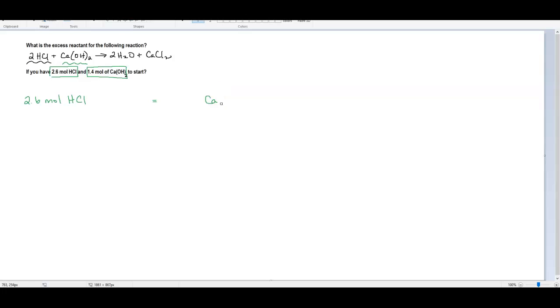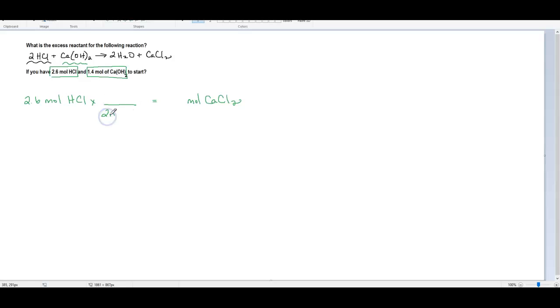Calcium chloride. So how many moles will that make? To figure that out, I'm going to use my molar relationship, which is the stoichiometry relationship. I have 2 moles of HCl.